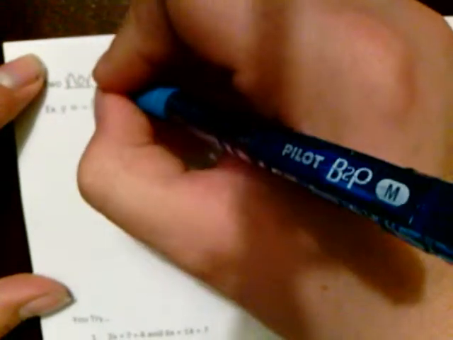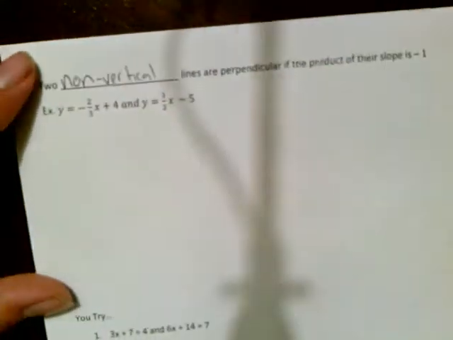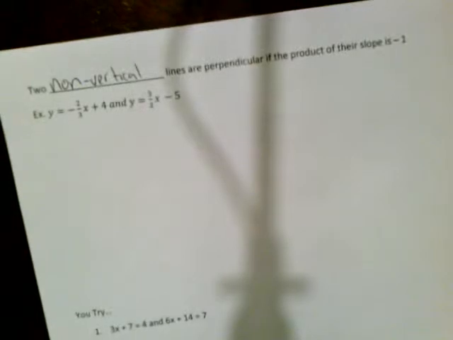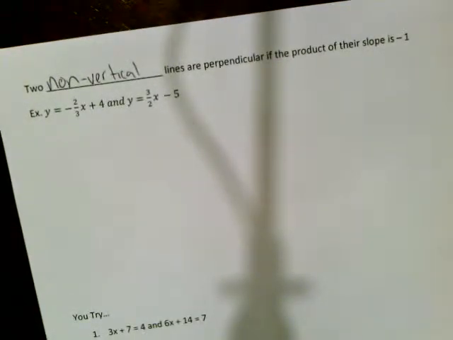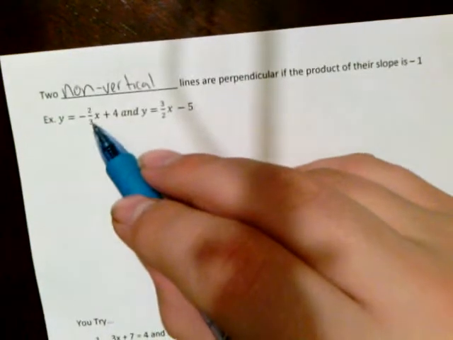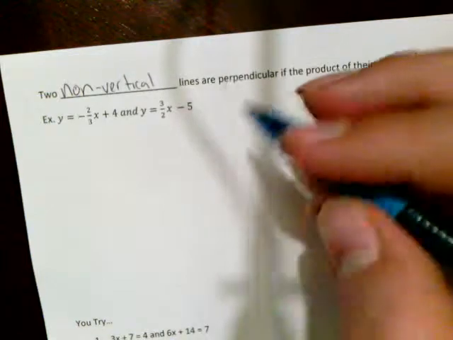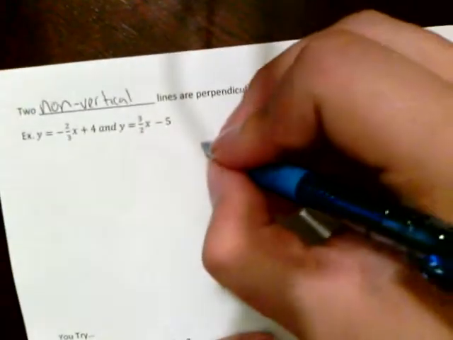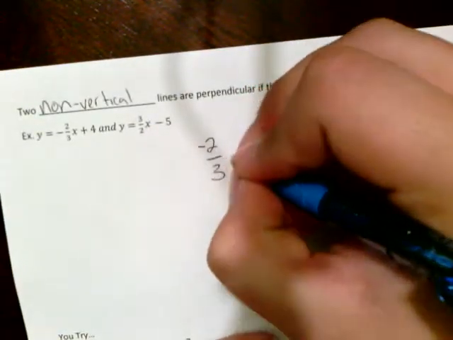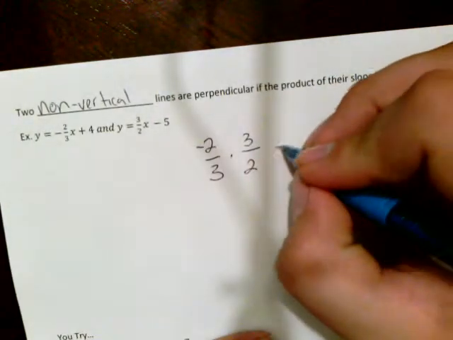Okay, so now let's go on to perpendicular. Two non-vertical lines are perpendicular if the product of their slopes is negative 1. What do I mean by that? Well, if you have negative 2 over 3 and 3 over 2 and multiply them together, notice what happens.